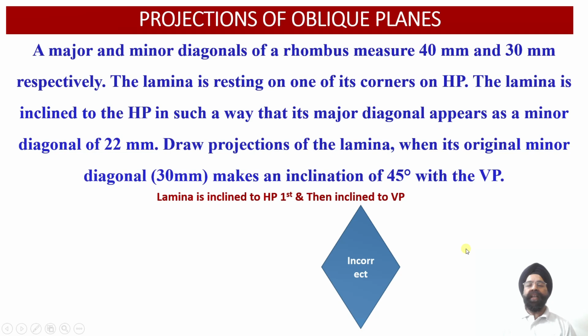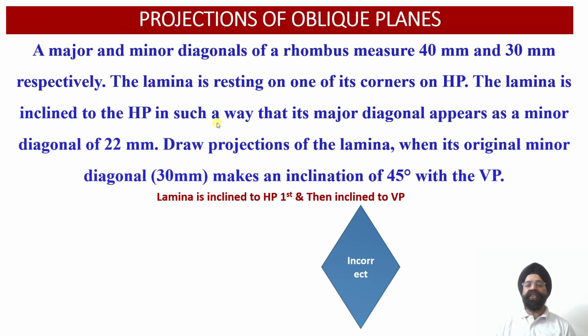Since the first inclination of this rhombus lamina is with respect to the horizontal plane, to begin with, we are going to assume that this rhombus is lying onto the horizontal plane.